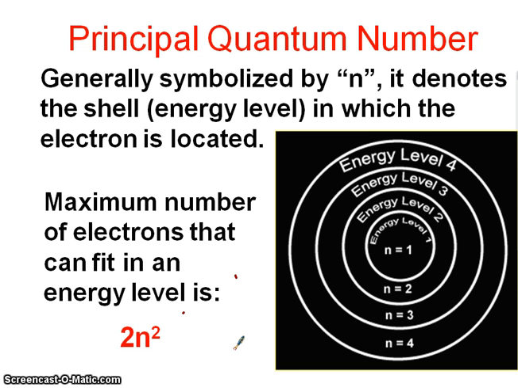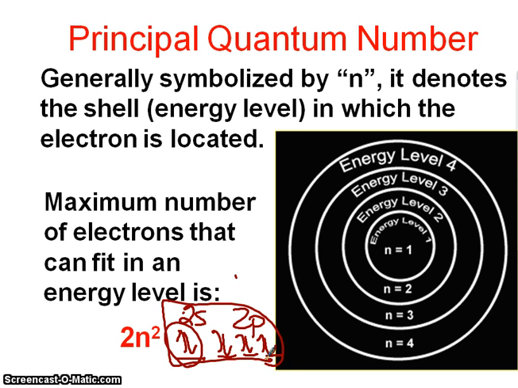For example, on the second floor, there was a 1-bedroom apartment, the 2S, and then there was a 2P apartment as well, which is a 3-bedroom apartment. So the maximum number of electrons that could fit would be 2, 4, 6, 8. 8 electrons can live on the second floor. If we work it out using 2n squared, 2 squared is 4, times 2 is 8. So this is just a shortcut way.